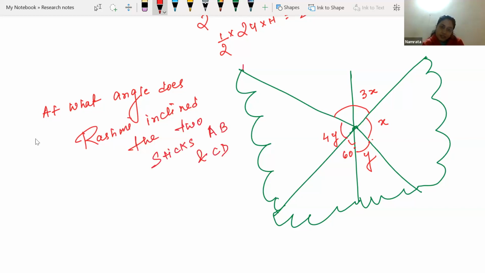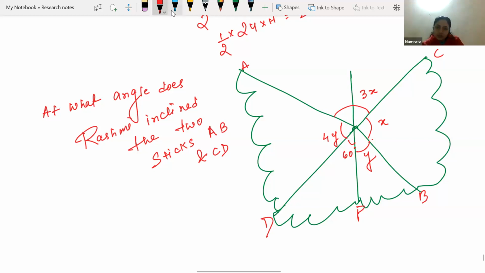First, this is A, this is B, this is C, and here we are having D. Here, what angle does Rashmi incline the two sticks AB and CD? That means the 60 plus y we have to find.